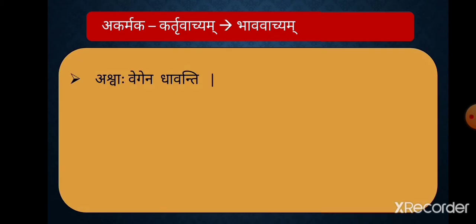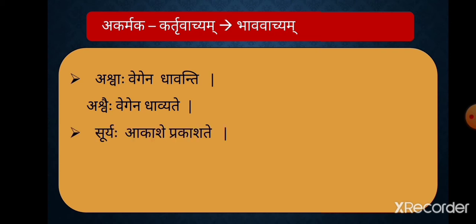Ashvaha vegena dhavanti. When we change this sentence to Bhavavacham, it can be written as Ashvaihi vegena dhavyate. Let's see the next example. Suryah akashe prakashate. When we change the sentence to Bhavavacham, it can be written as Suryena akashe prakashyate.